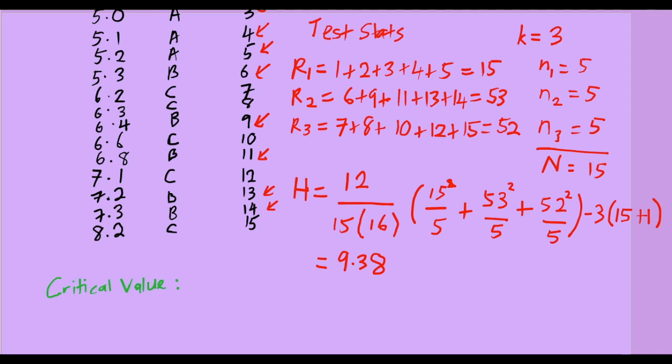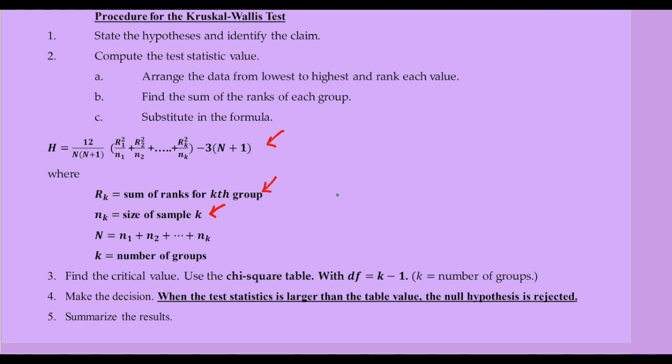Okay, so the next step is to find the critical value. And how do we do that? We use the chi-square table where the degrees of freedom is k minus 1. If you still remember, k, the number of groups that we have, is 3. So 3 minus 1 is 2. So our degrees of freedom is 2. And our alpha, if you still remember, is 0.05.